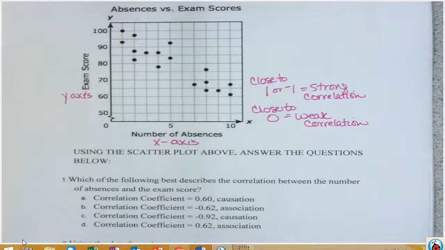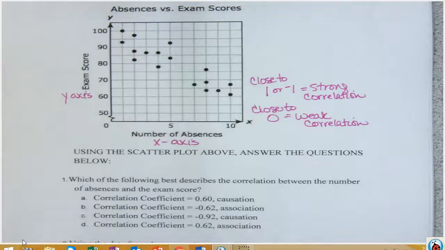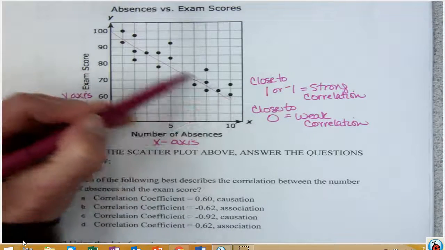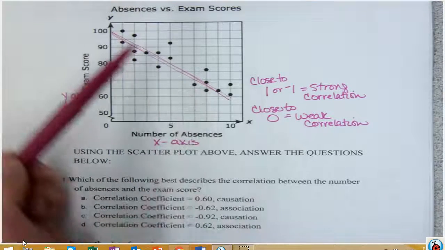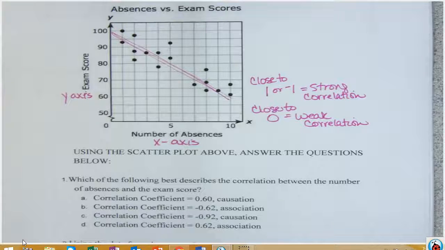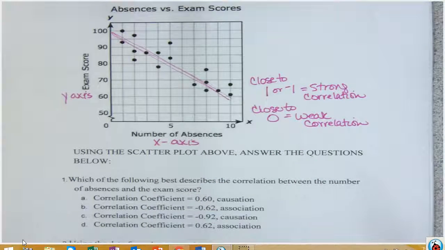And what a correlation means is how close or far apart the dots are together to form a line. So you can see that the dots are fairly close together to form that line. So we're going to call that a pretty strong correlation.